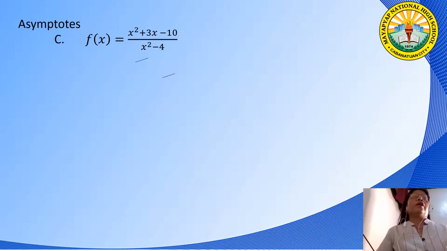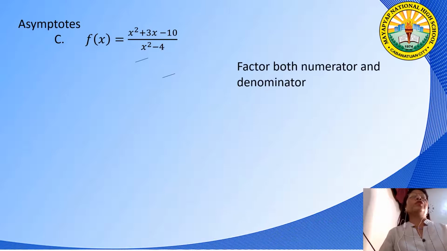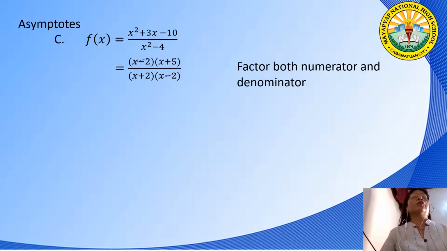Okay. Another, we have f of x equals x squared plus 3x minus 10 over x squared minus 4. The numerator and denominator are both factorable. So the first step is to factor both numerator and denominator. The factors of the numerator are quantity x minus 2 times quantity x plus 5, and for the denominator, since this is a perfect square binomial, the factors are the sum and difference of squares.